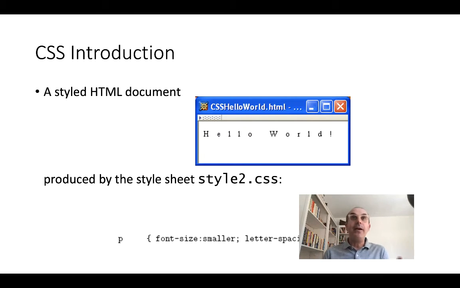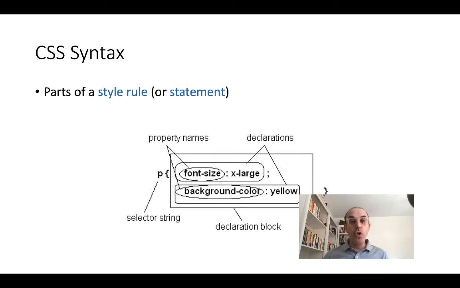That can be done in HTML, but it depends on the browser you are using, and it's sometimes a little bit more difficult than you think. So the style sheet addresses this issue and provides a solution.